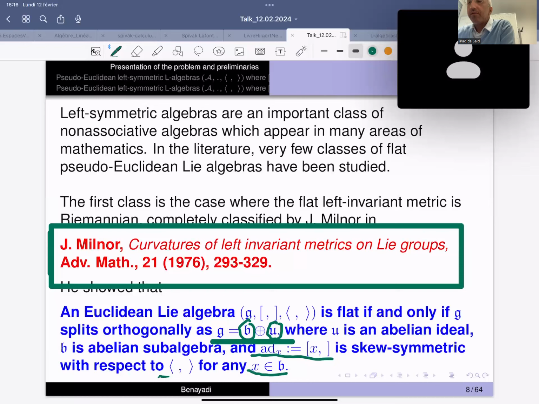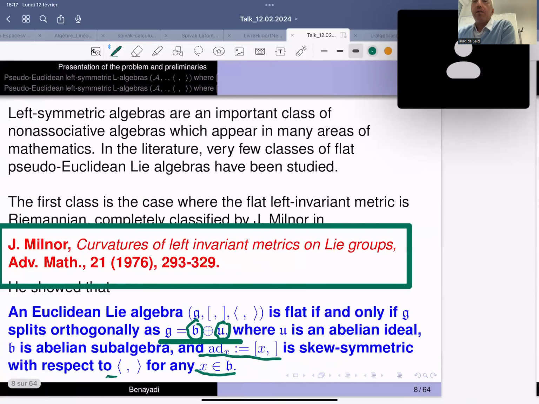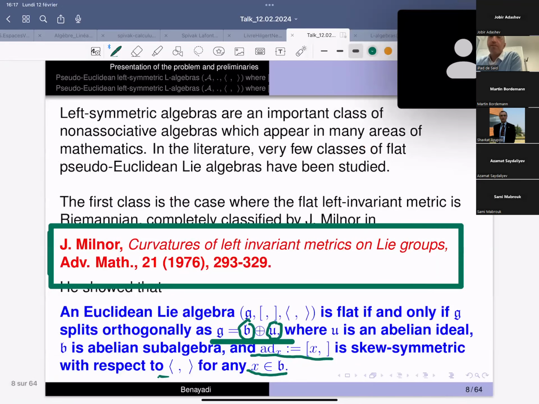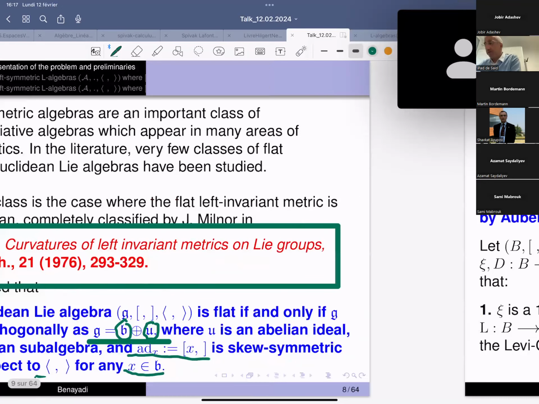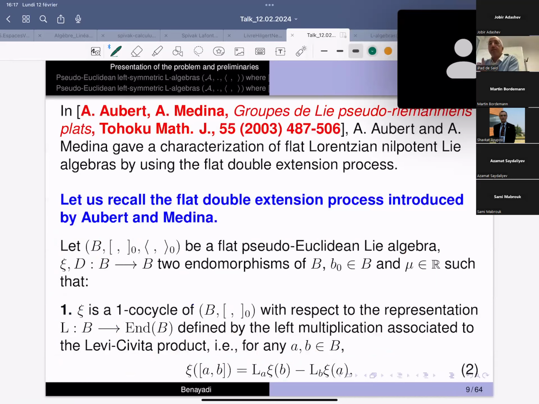This result of Milnor classifies the Euclidean Lie algebras. But the problem in the non-definite case is very interesting, but very difficult to classify.